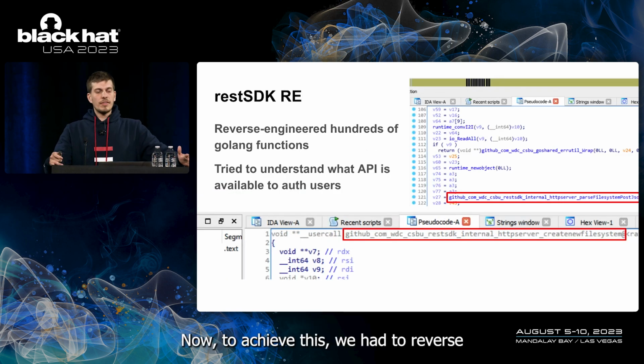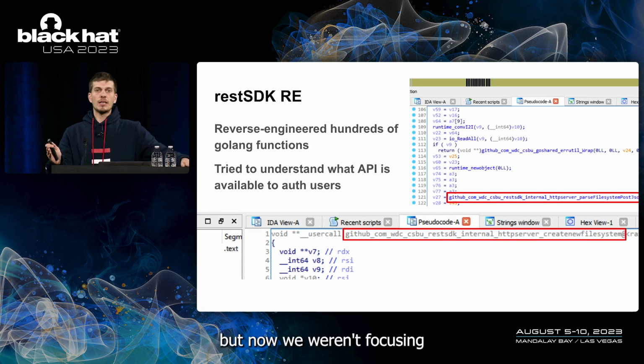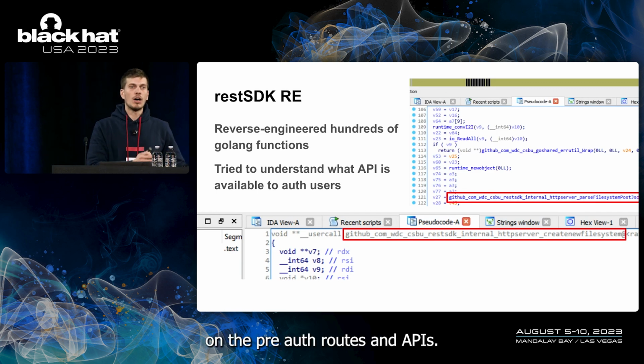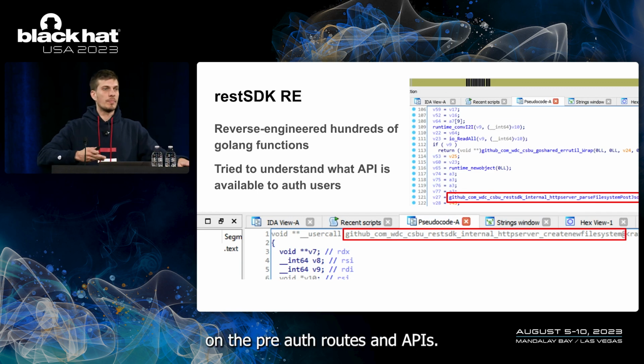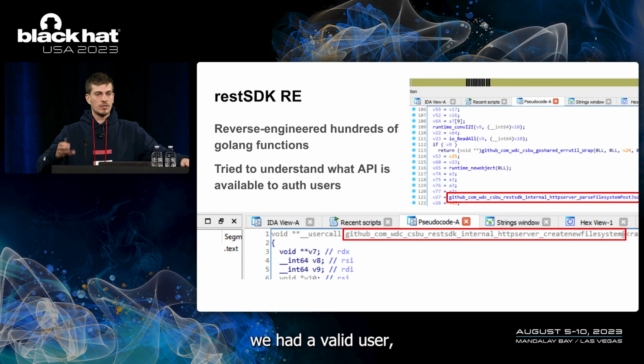Now, to achieve this, we had to reverse engineer a bit more of the REST SDK, but now we weren't focusing on the pre-auth routes and APIs. We focused on the authenticated routes because we had a valid session, we had a valid user.